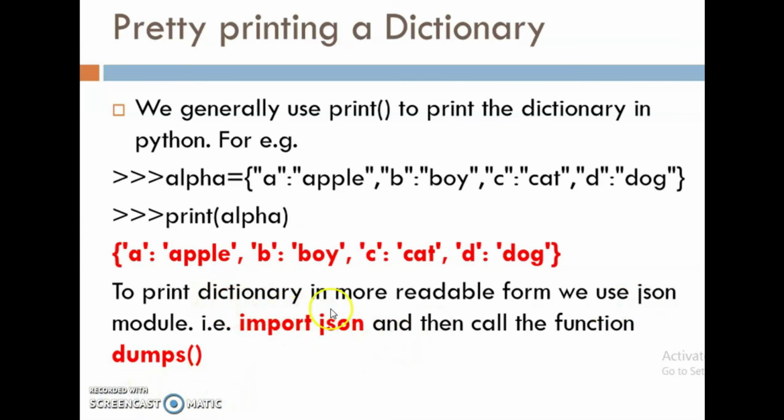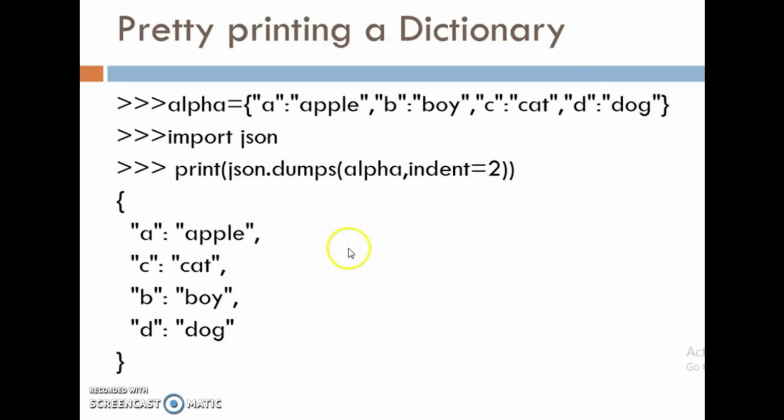To print a dictionary in a more readable form, we use the JSON module. That is, import json and then call the function dumps, D-U-M-P-S. How can we use this one? alpha = {A:apple, B:boy, C:cat, D:dog}. Import json.